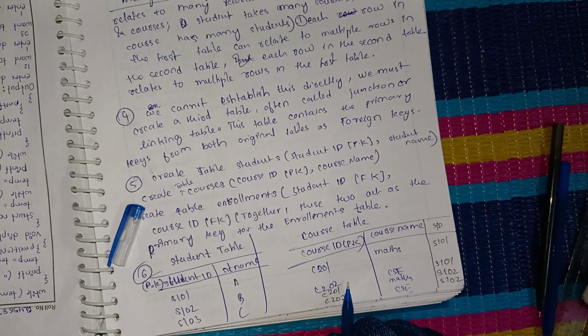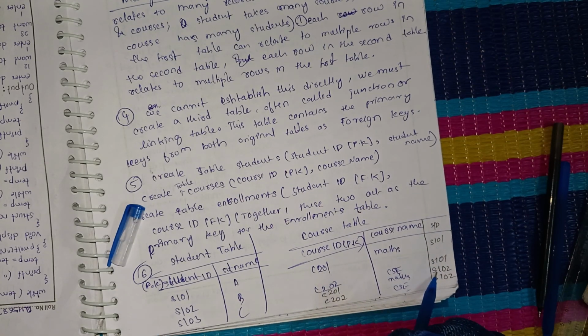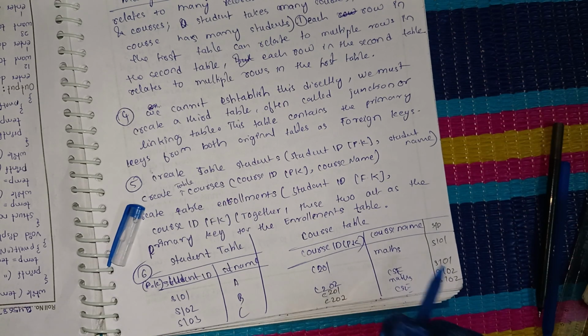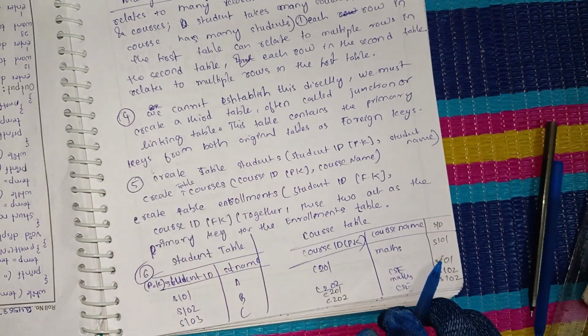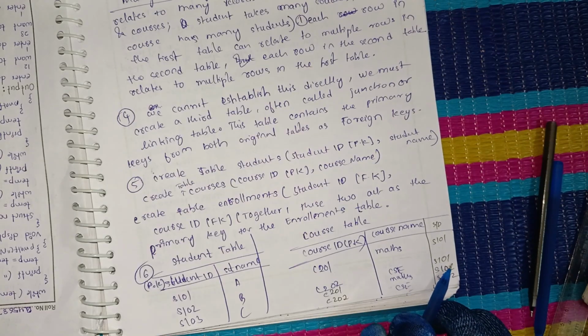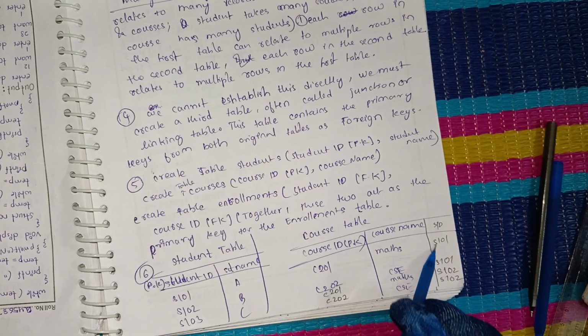So in the second table each row is related to multiple rows in the first table. So this forms a many to many relationship. Here we are making severe duplication, meaning we need many duplicate values like this.